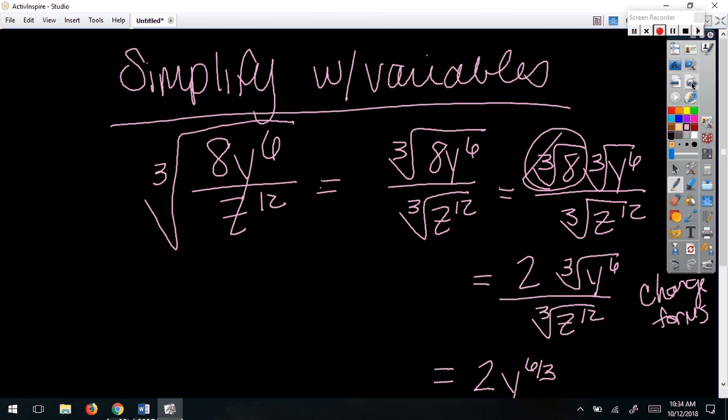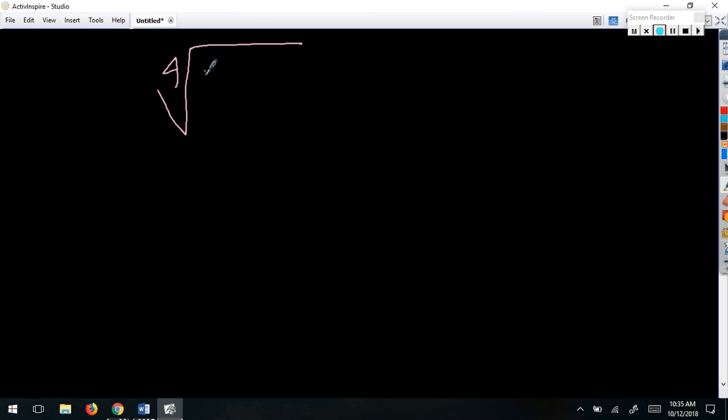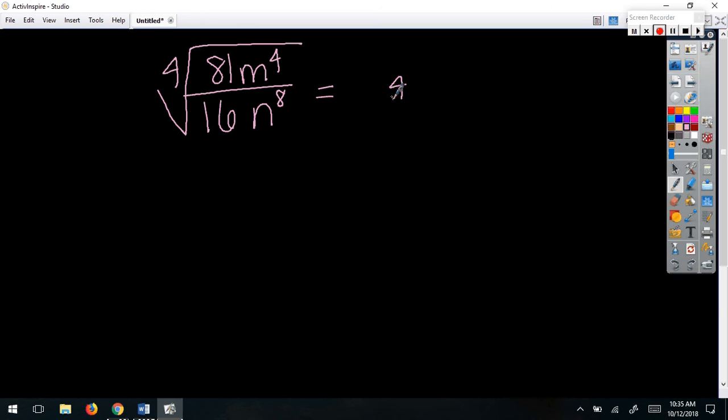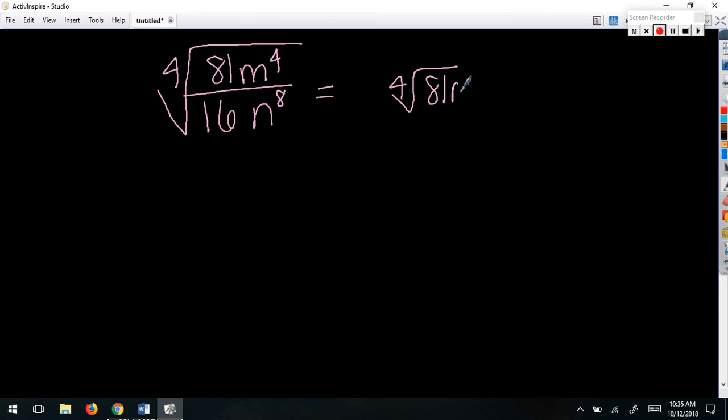Okay? So that's a nice little simplification there for those. Let me give you one more and you try this one. Let's do the 4th root of 81 m to the 4th divided by 16 n to the 8th, and let's see what you get. All right, so let's split it up like we did. Let's do 81 m to the 4th, and let's do 16 n to the 8th, okay?